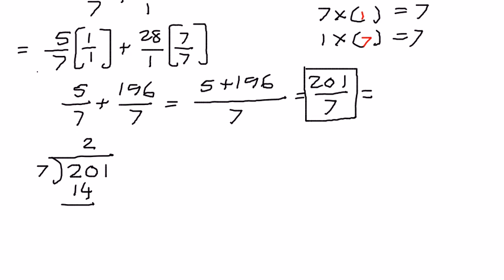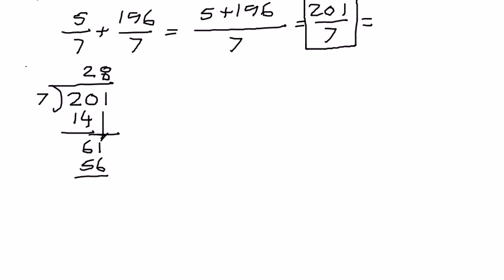When we subtract 14 from 20, we are left with 6. We borrow this one here. 7 times what number is equal to or less than 61? 7 times 8 is 56. And then when we subtract 56 from 61, we are left with 5. So we leave it there.